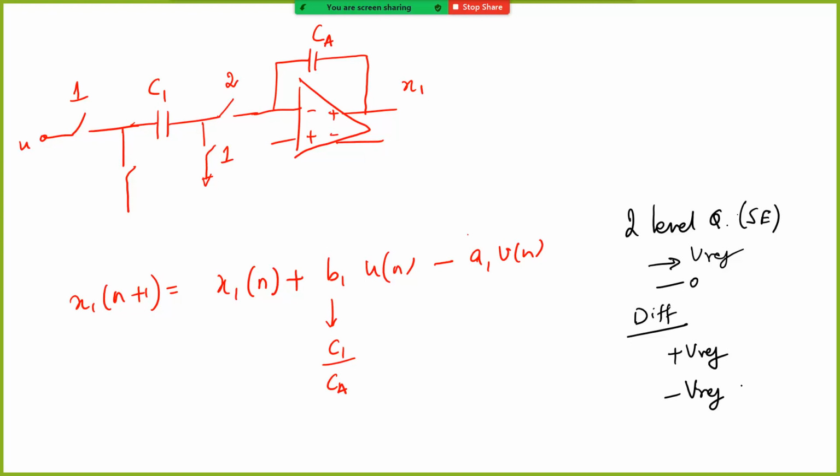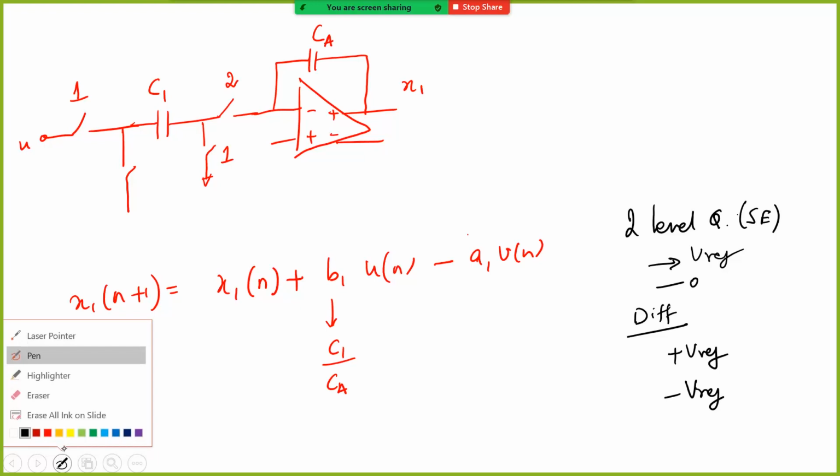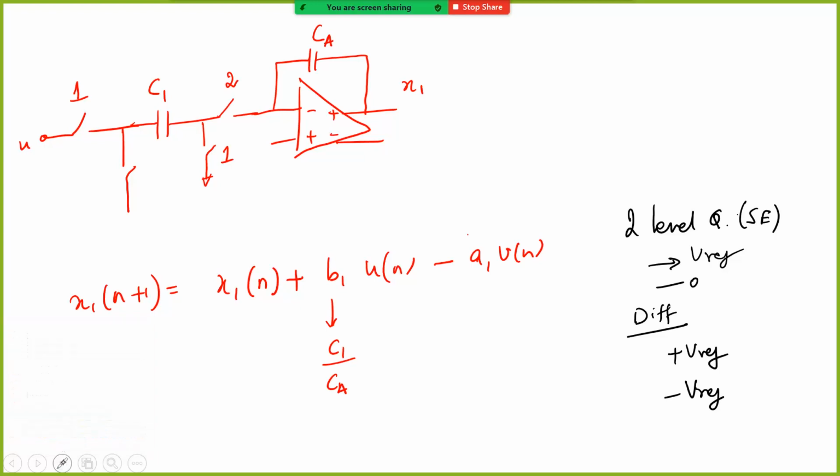Okay. So now basically this switch, which is controlled by φ2, is either going to be plus VREF or minus VREF.